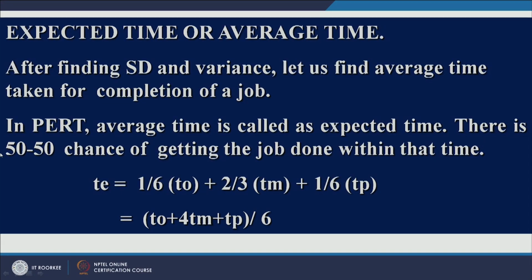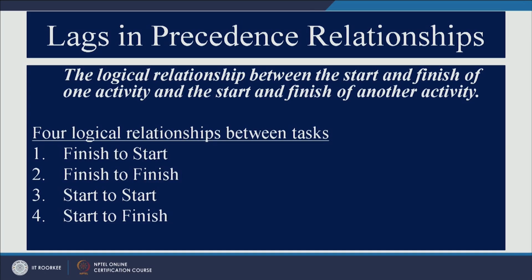And there is a 50-50 chance of getting the job done within that time. It is true for activity as well as for project. So, you can find out critical and semi critical path if you are given a PERT network.